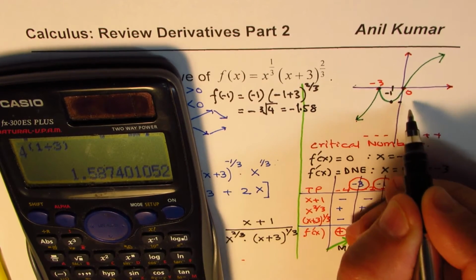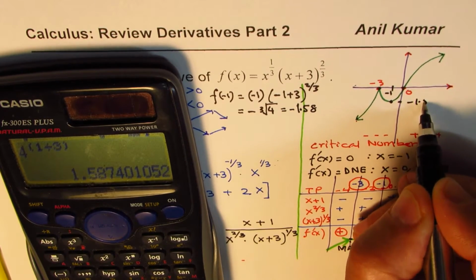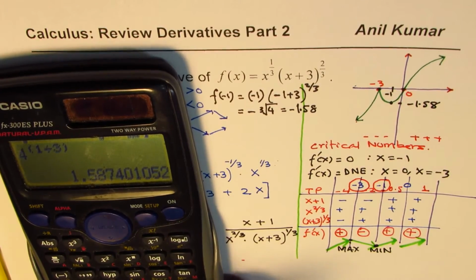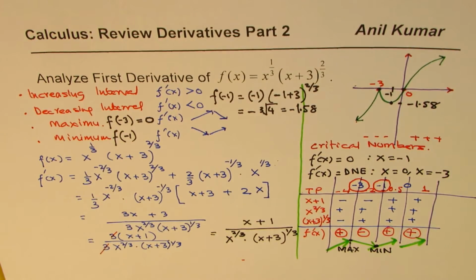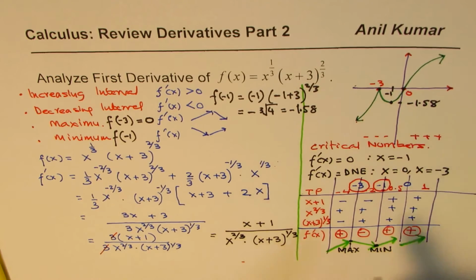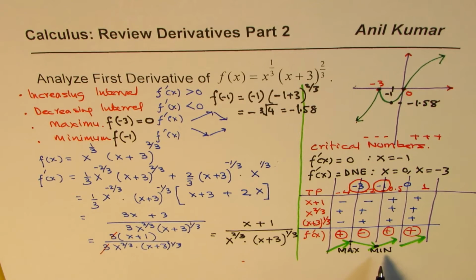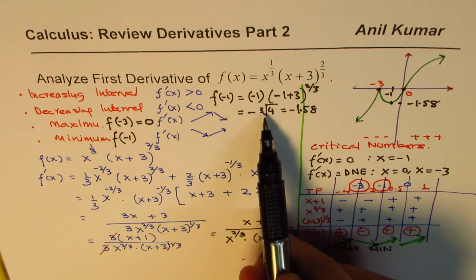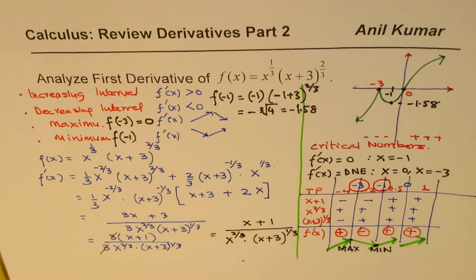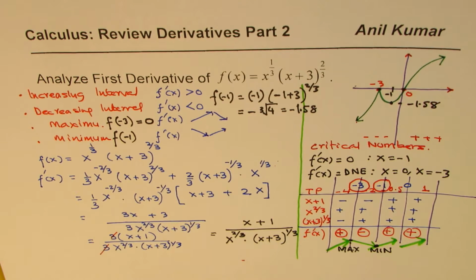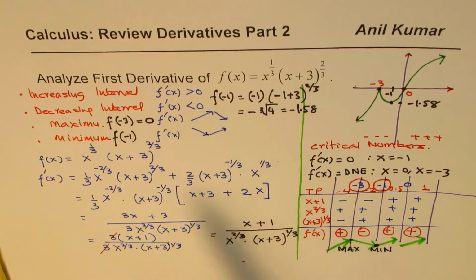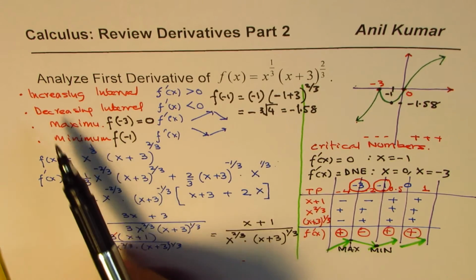So we'll write this value here as minus 1.58. Is that okay? So that is how we can find the minimum by analyzing the first derivative, right? So it's minus the cube root of 4, which is the exact value. Perfect.